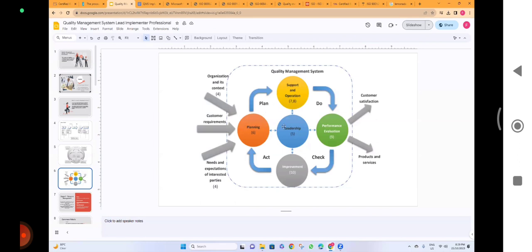This diagram that you see here is a combination of the process approach, the PDCA, and the risk-based thinking. So where is the PDCA here? This is the plan, do, check, and act. Where is the process approach? This is represented by these numbers here and these clauses. Number 6, number 5, number 7, number 9, number 10. And the risk-based thinking is represented by these gray arrows, 3 in the input and then 3 at the output right here.